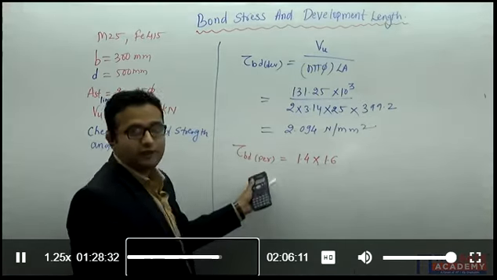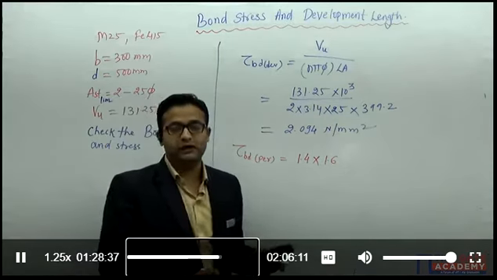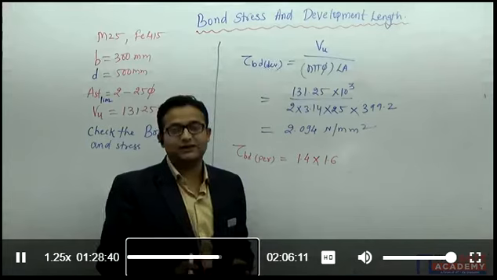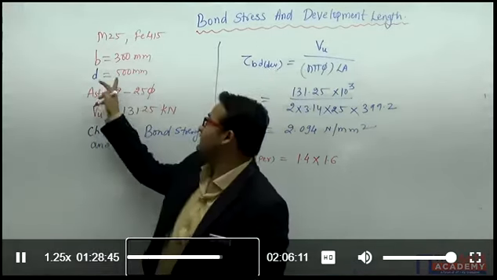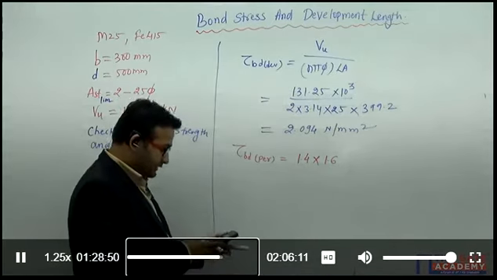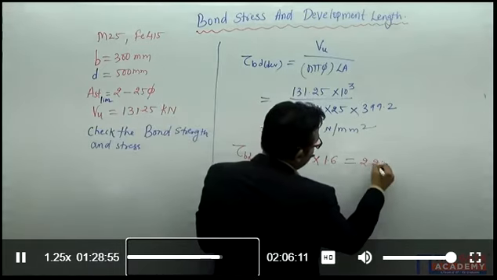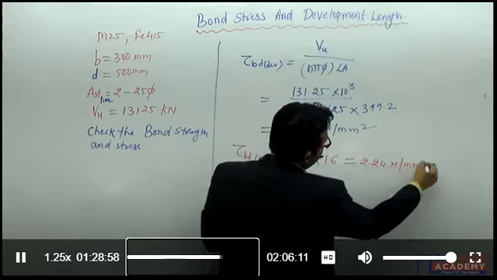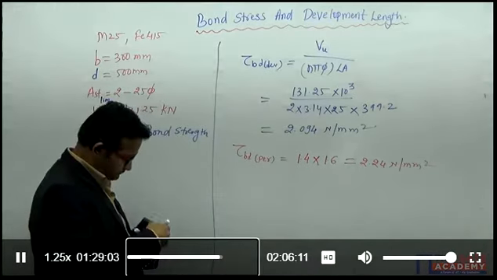And this reinforcement I have provided in the bottom, means in the tension zone, so no need to multiply by 1.25, means no need to increase this strength by 25%, because these 2 bars of 25 mm diameter I am going to provide in the tensile zone. So here I am getting the strength 2.24 Newton per mm square. Right? So tau bd permissible.